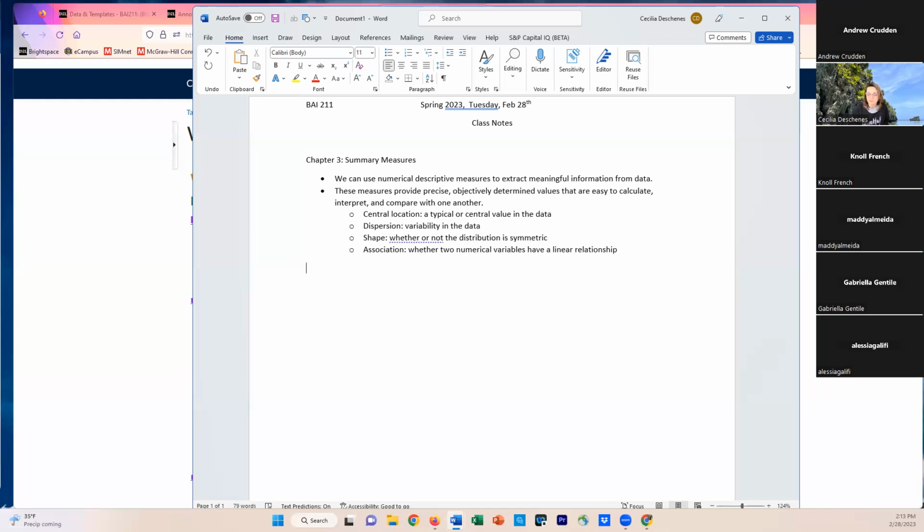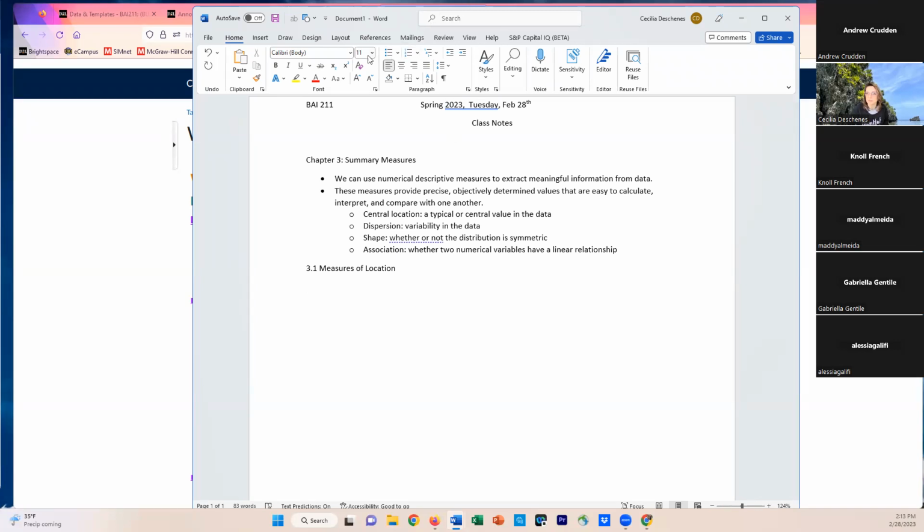So given that is sort of where we're starting, we're going to start with section 3.1, which is measures of location. And we're going to talk about measures of location in general, but we're going to start with talking about the big three for central location.